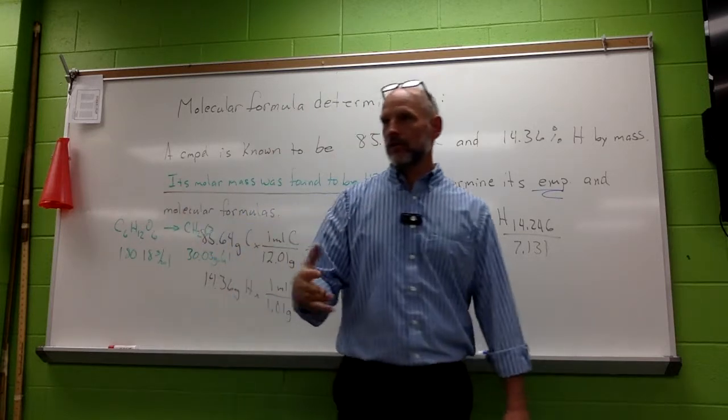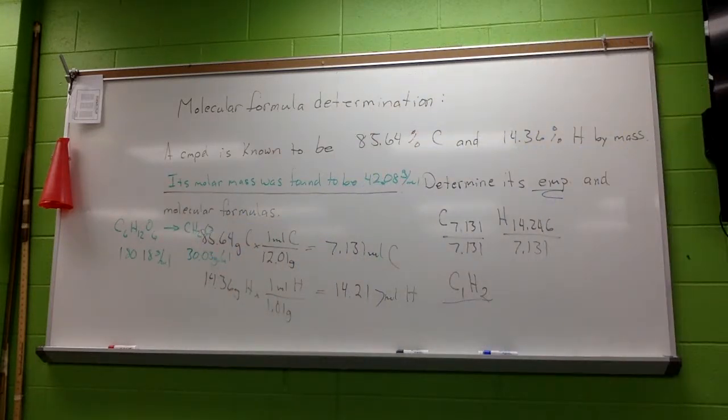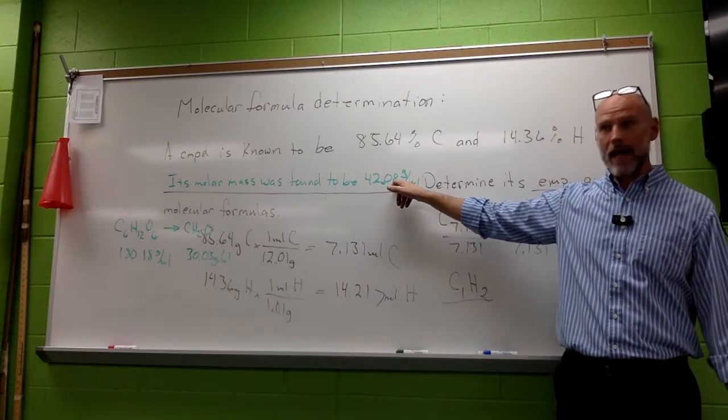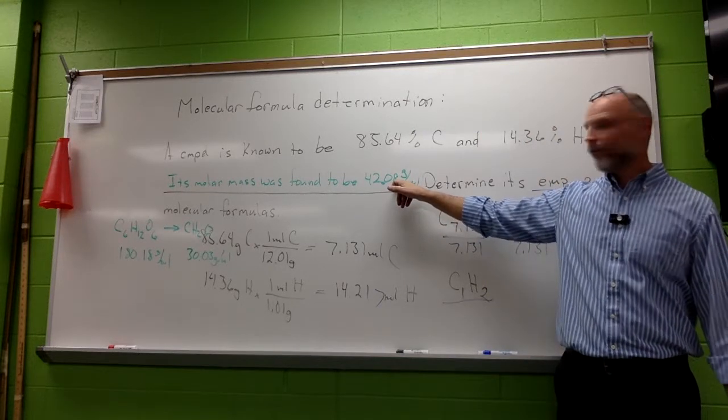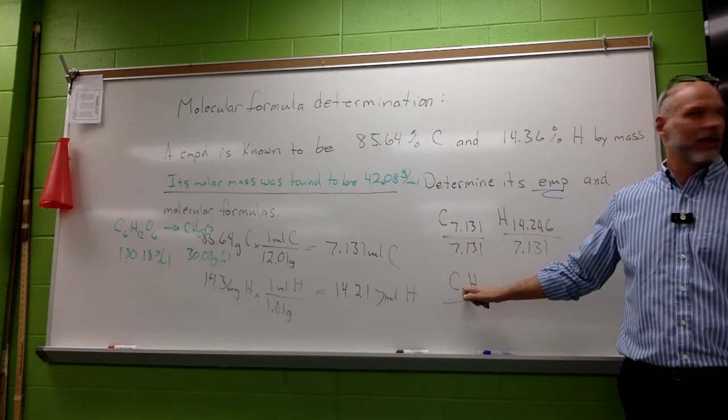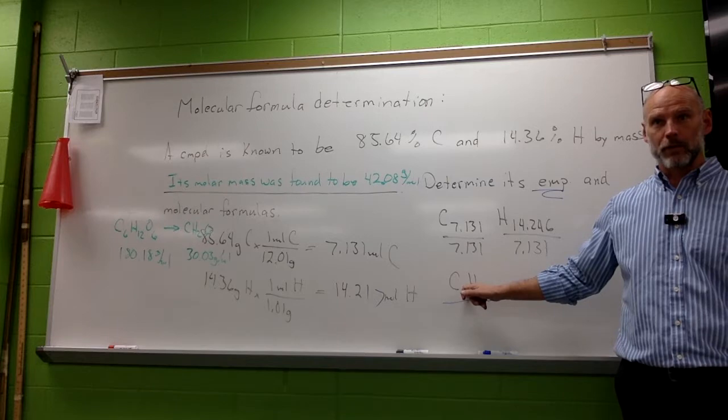Where I'm going with this is the molecular formula is going to be a multiple of the empirical formula, and the masses are also going to be a multiple. I'm giving you the molecular mass, molar mass. What factor am I going to multiply this by to get to the actual molecular formula?